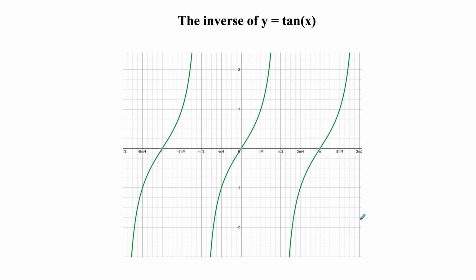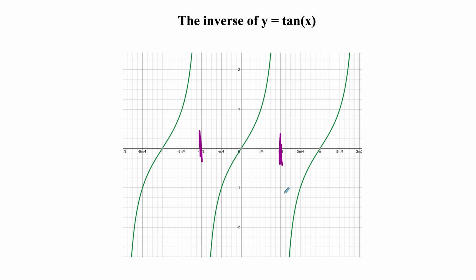Now tangent, because we have this repeat of this graph, it would seem pretty obvious that we just want to end up with one of these pieces. Remember, tangent, how it's constructed, is undefined and has asymptotes at pi/2 and -pi/2.